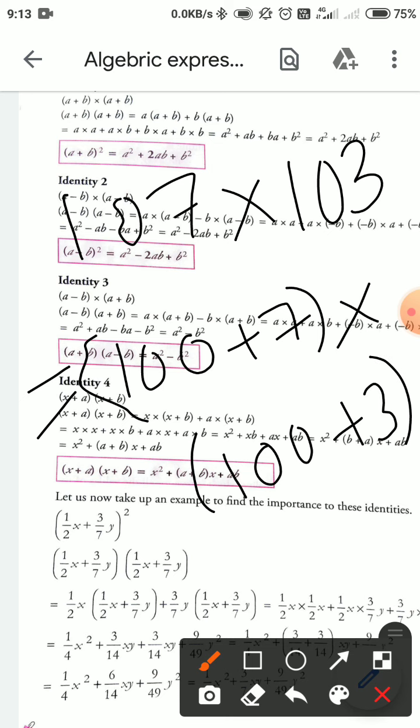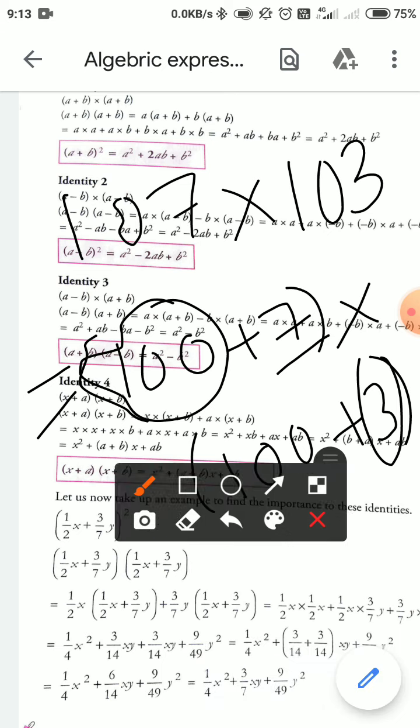So you can compare this identity, 100 plus 7 into 100 plus 3, with x plus a into x plus b, where 100 is equal to x, a is equal to 7 and b is equal to 3. So you can use identity number 4 to solve this question. Otherwise you have your traditional way in which you will multiply this 107 with 103 in a longer way.